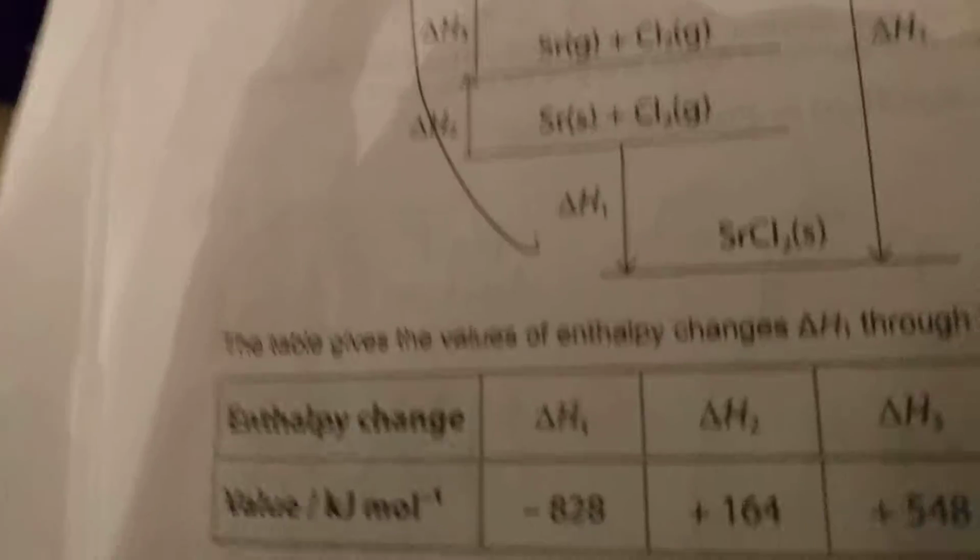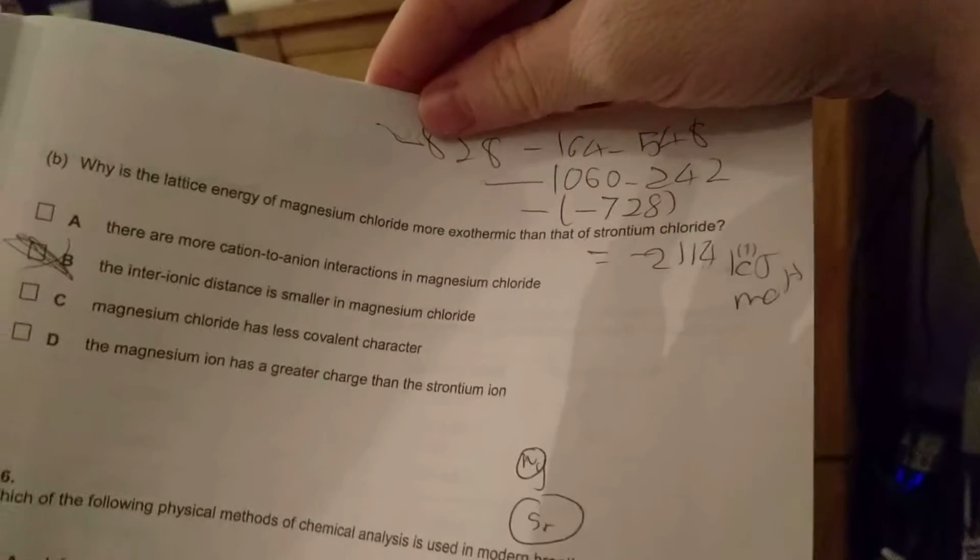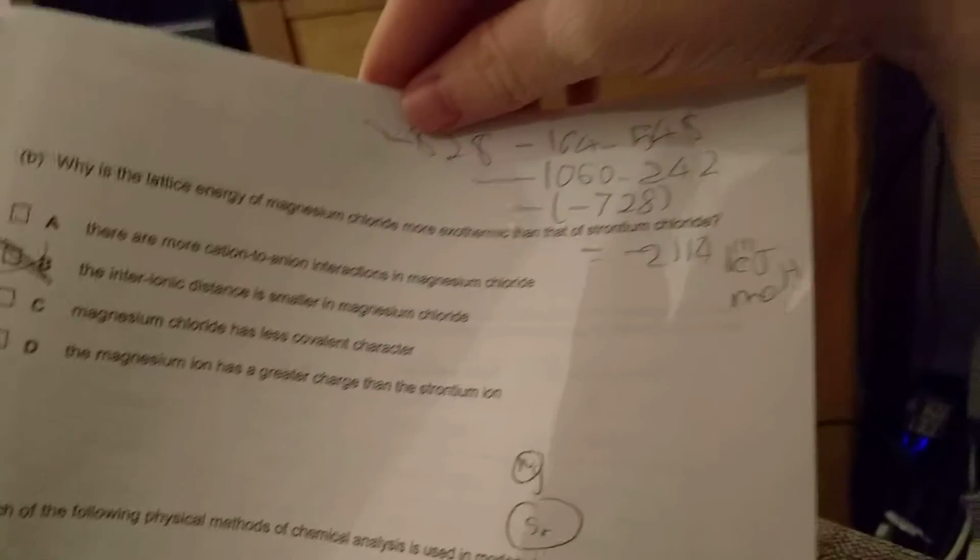So it's minus 828, minus 164, minus 548, minus 160, minus 1060, minus 242, minus 728 rather, which gives me that answer of minus 2,114.